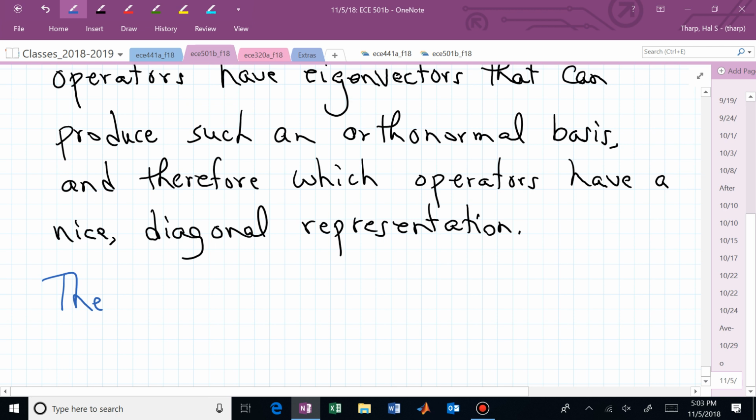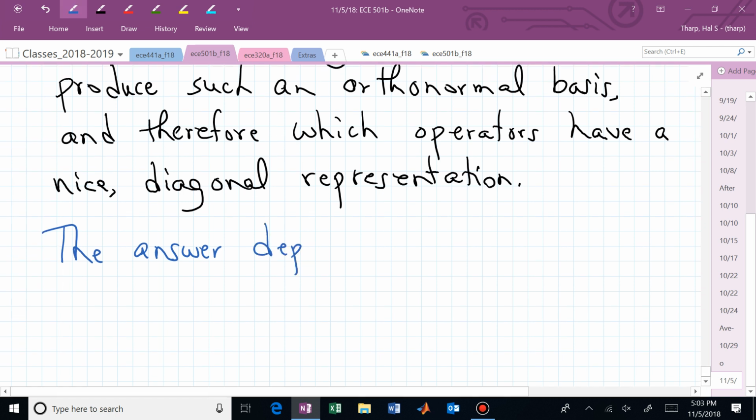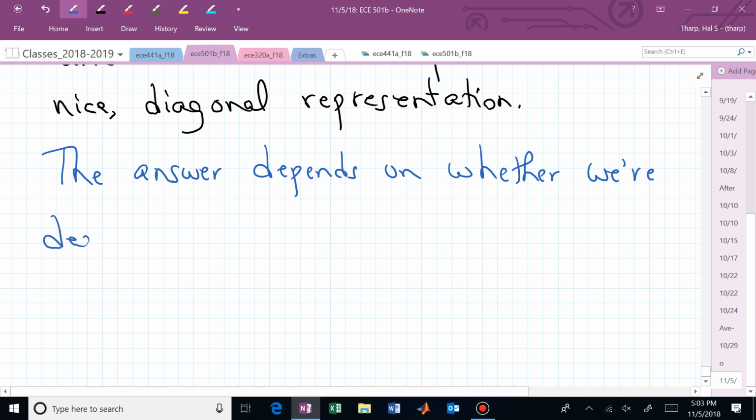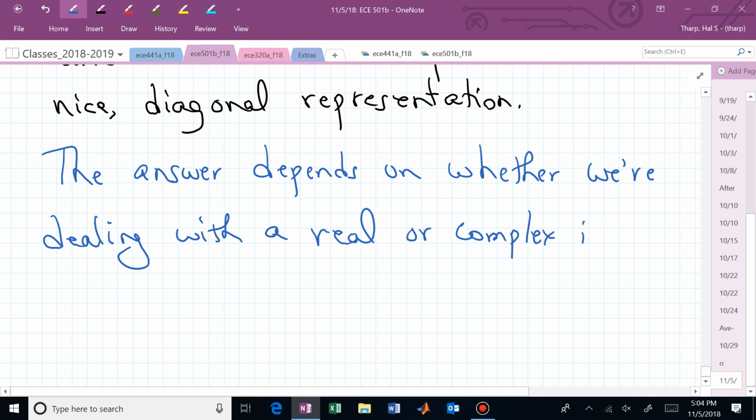Now, as I said leading in or beginning this time together, our answer depends on which field we're playing in, whether we're playing in the complex field or the real field, or the answer depends on whether we are dealing with a real or complex inner product space.